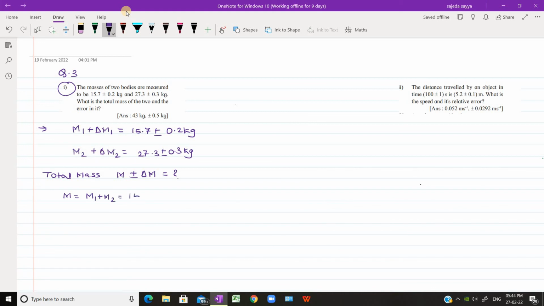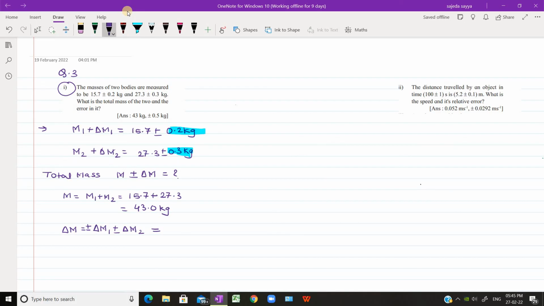Therefore, it is 15.7 plus 27.3 comes out to be 43.0, this is total mass, and error in its measurement is delta M, which is delta m1 plus or minus, here also it is plus or minus delta m2, which is equals to, write the values as per data, this and this.